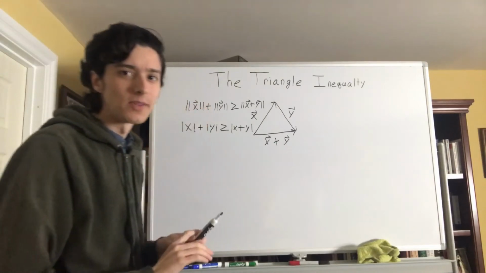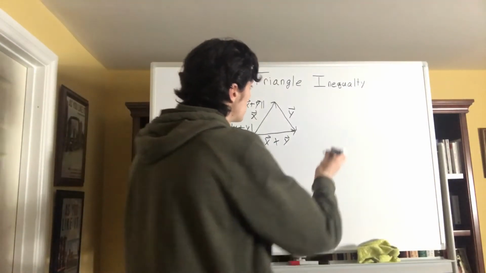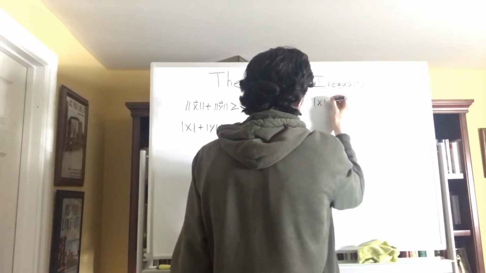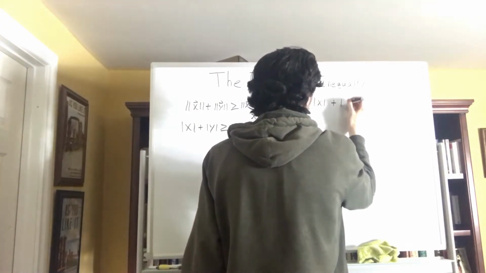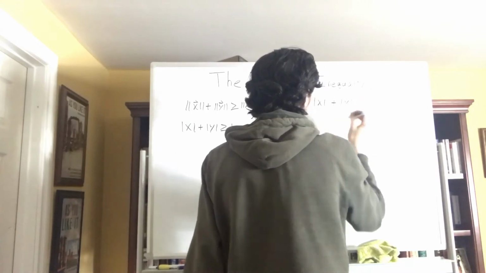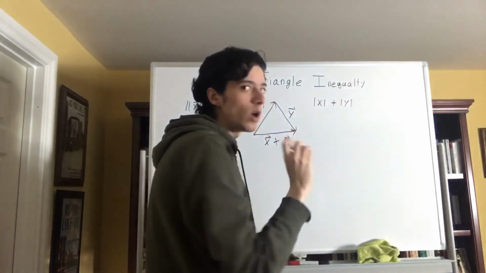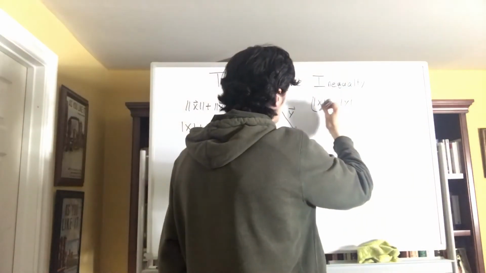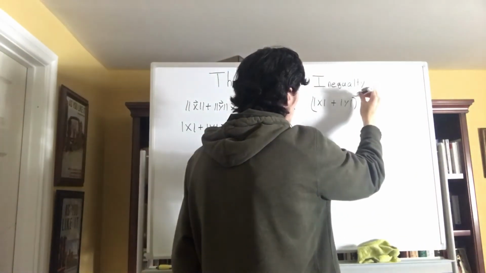So let's think about this. We have the absolute value of x plus the absolute value of y. Now what if we were to square this? So we square this entire quantity.